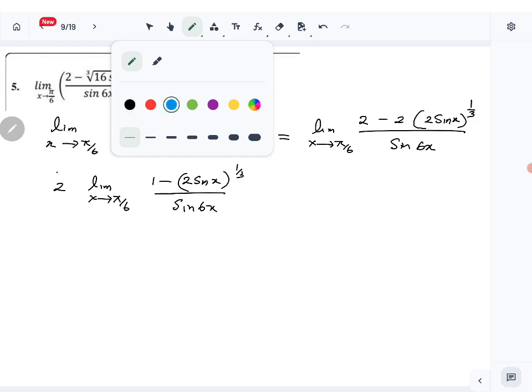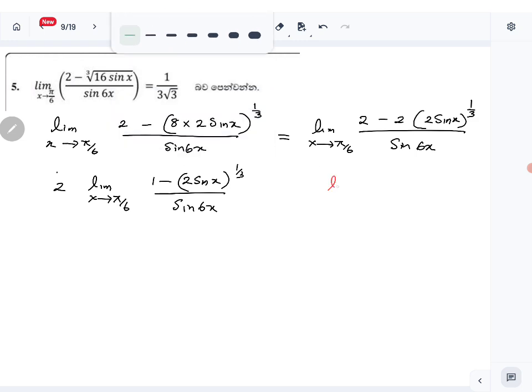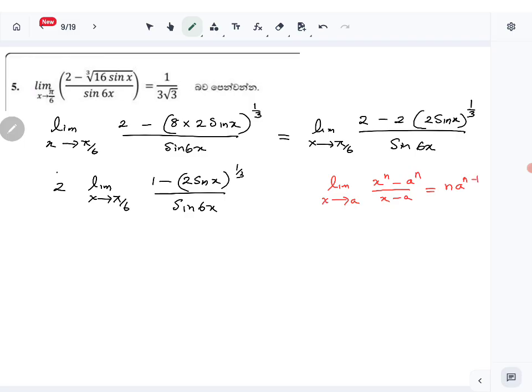It looks like we can use that. Limit x goes to a, x to the n minus a to the n over x minus a is what? n a to the n minus 1. Right. This one looks sort of like that because I can write 1 as 1 raised to 1/3.